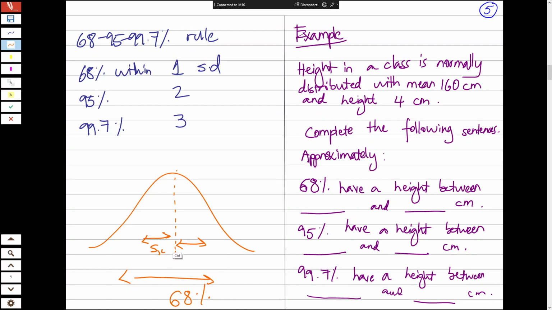On the mean bit, what was the mean on that scale? The dotted line. If I go from the mean, the middle, and go outwards 1 standard deviation in both directions, I will occupy 68% of the sample or data.